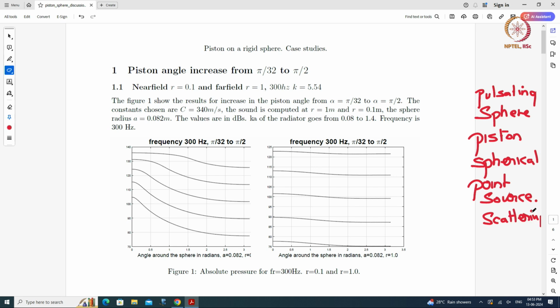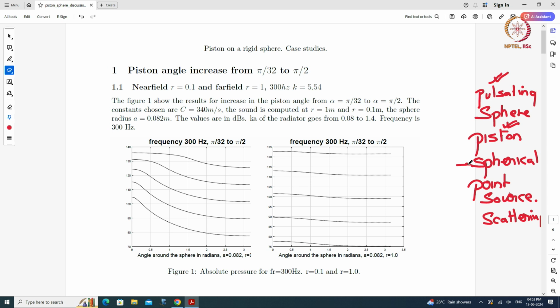Okay, and pulsating sphere, we have seen the physics in some detail. Piston in a baffle also we have seen in some detail. Today we will look at this spherical cap on the rigid sphere.